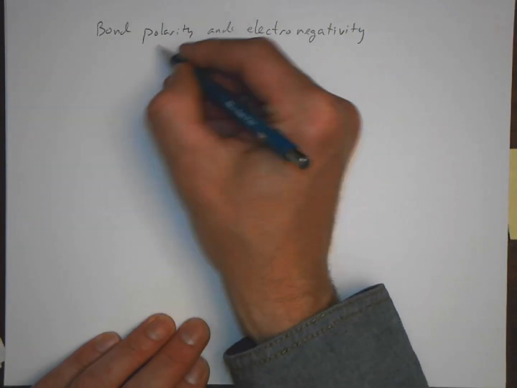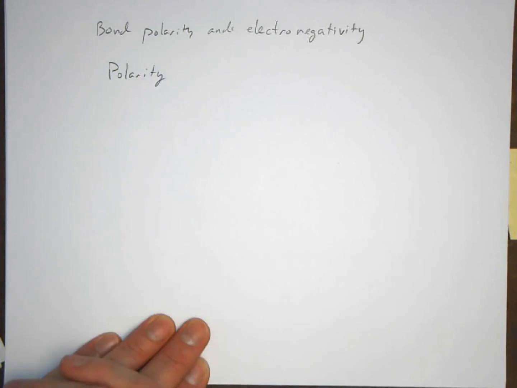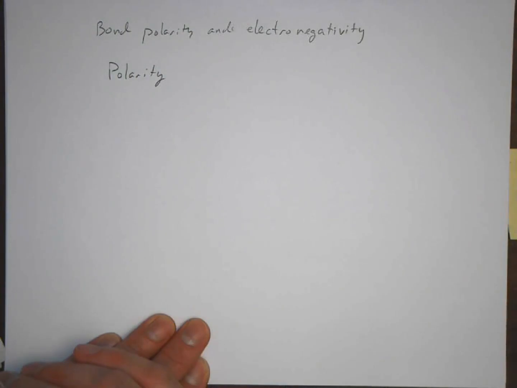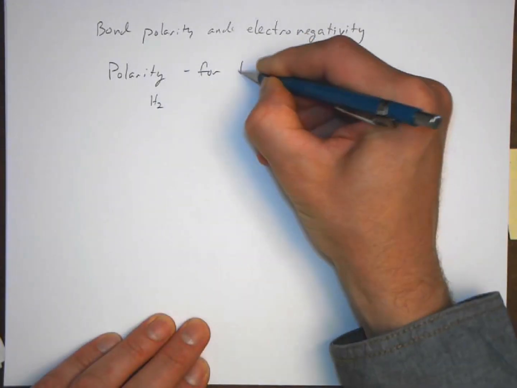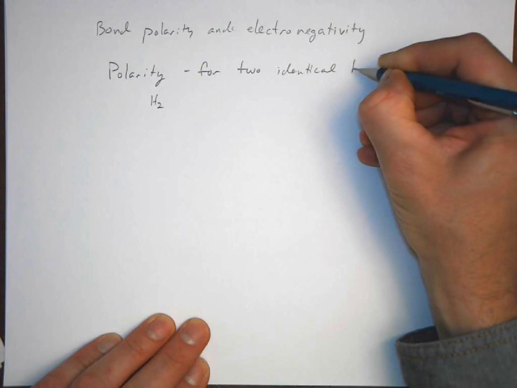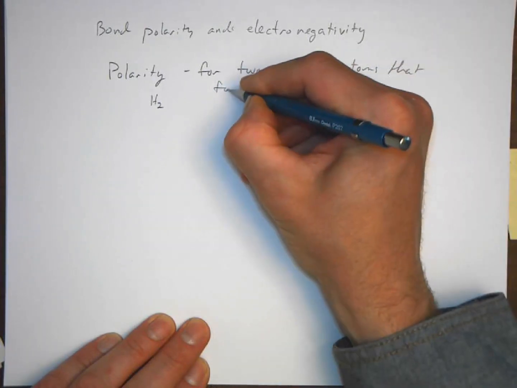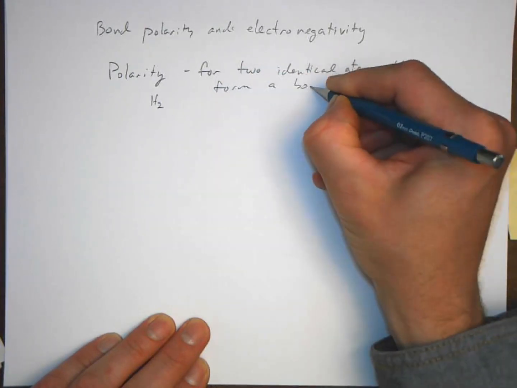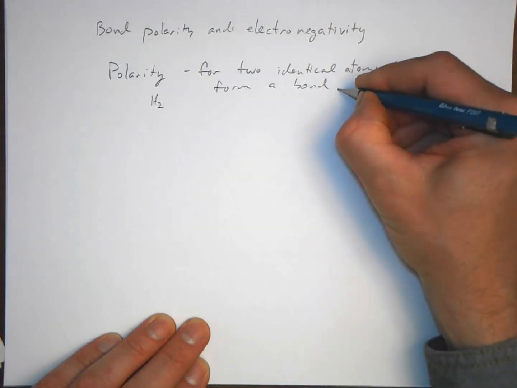Let's first look at this idea of polarity, bond polarity. For 2 identical atoms that form a bond, the electrons are shared equally, and the bond is nonpolar.